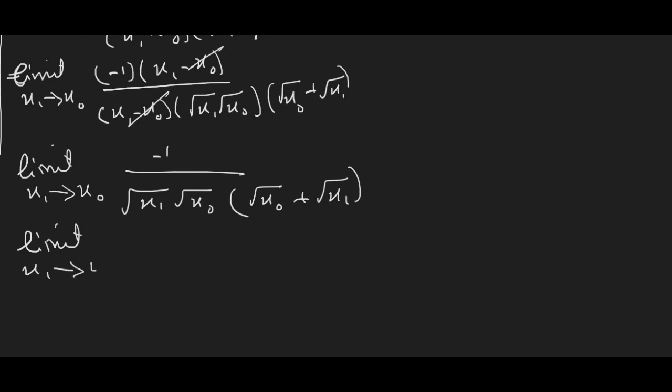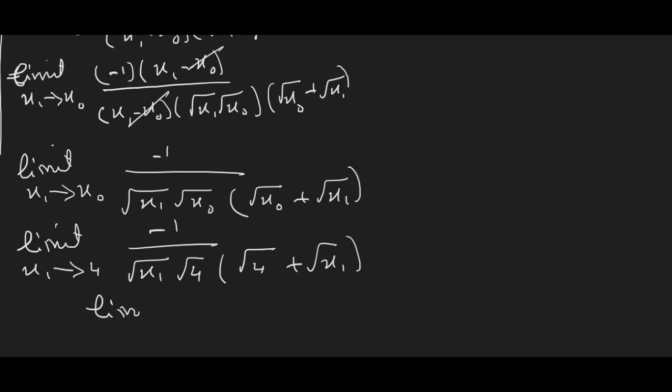x1 approaches to 4, minus 1 over under root x1 under root 4 into under root 4 plus under root x1, we get limit x1 approaches to 4 minus 1 over 2 under root x1 into 2 plus under root x1.